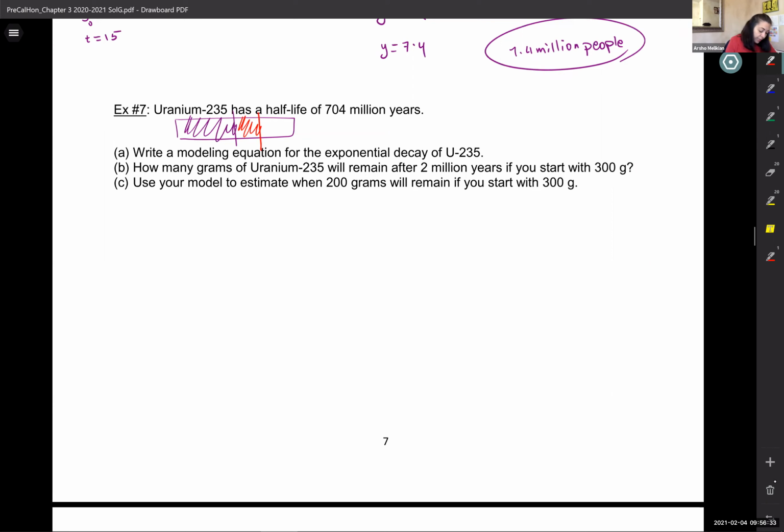So the question asks to write a modeling equation for the exponential decay of uranium. All right, so part A, we're going to do that here. The formula for radioactive decay, for half-life, we use the continuous formula. So y equals y naught e to the kt.